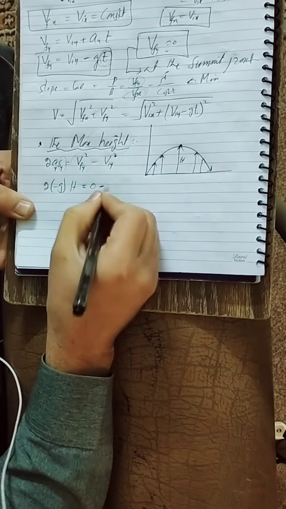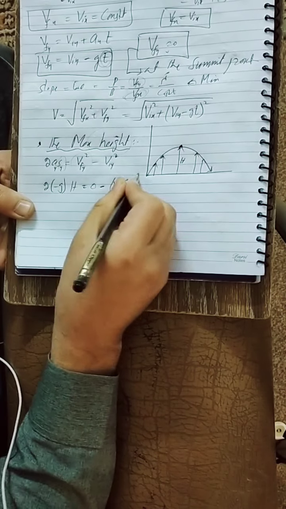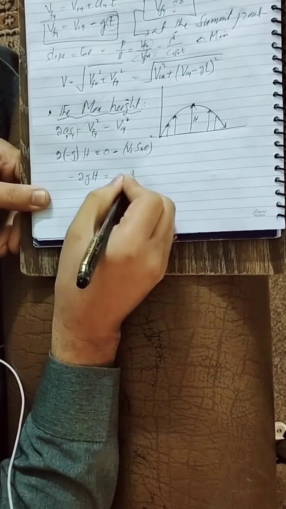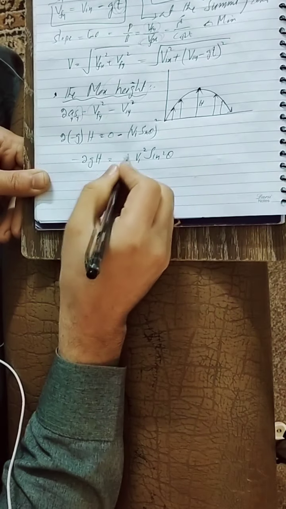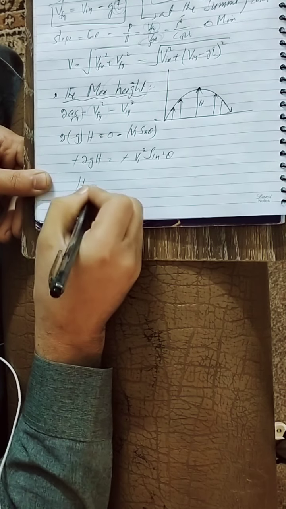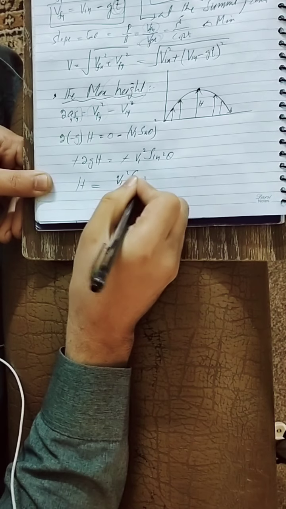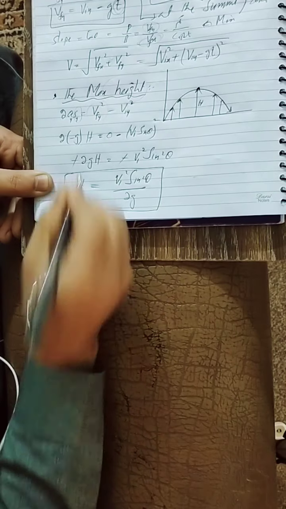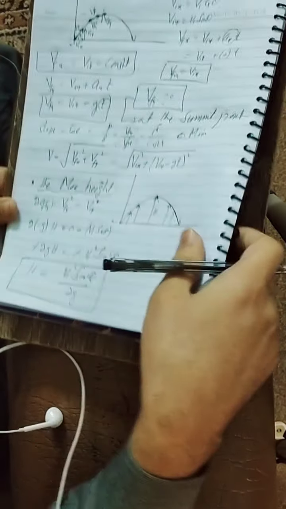And Viy is equal to Vi sine theta, whole square. So it will be minus 2gh equals minus Vi square sine square theta. Minus minus will cancel, and dividing by 2g on both sides, it will be Vi square sine square theta divided by 2g. This is the maximum height of the projectile.